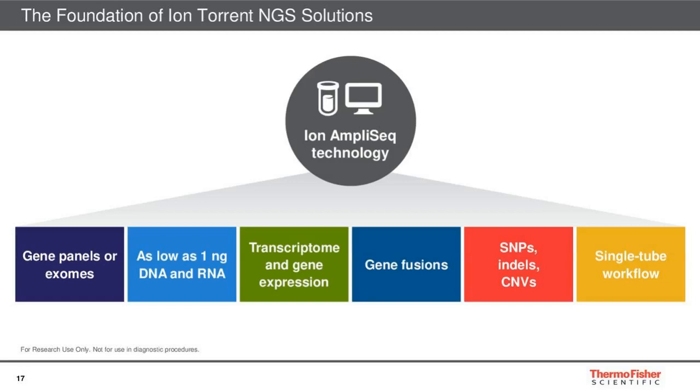One of the advantages of AmpliSeq is that it uses very low input amounts of DNA or RNA, and for some assays down to only 1 nanogram. Of course, AmpliSeq panels can accommodate high-quality samples such as blood, cell culture, or fresh frozen tissue, but it also can handle challenging sample types like FFPE.